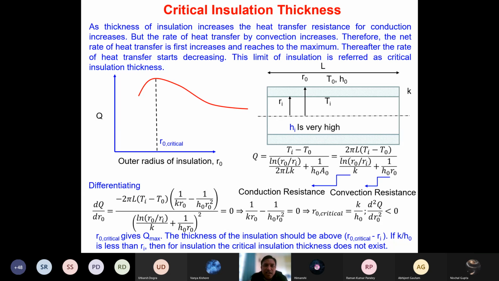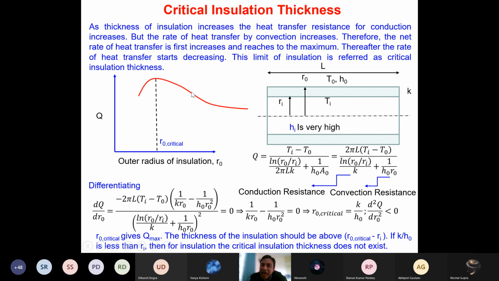What happens is initially, as I increase the thickness of the insulation, Q increases instead of decreasing. Why? Because as I increase the insulation thickness, the outside surface area, which is responsible for the convective heat transfer, increases, and because of that the contribution of convection in the heat transfer increases.